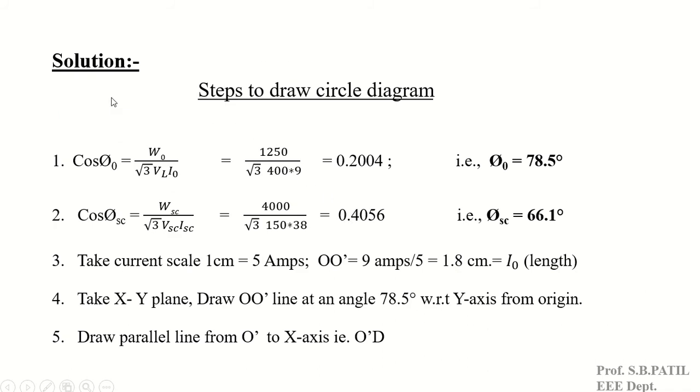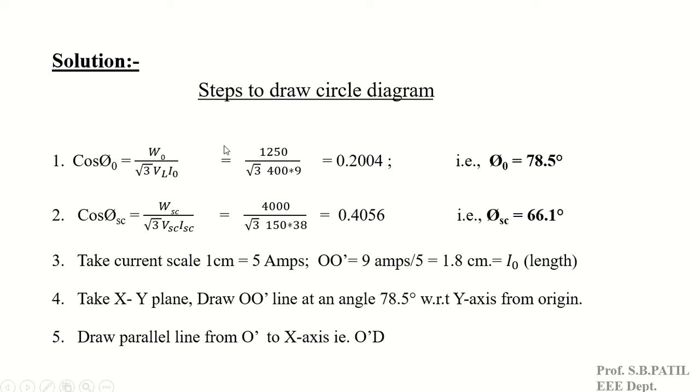This is the solution for the example. We will solve the circuit diagram stepwise. Find the power factor at no load, that is cos phi naught equal to W naught by root 3 V_L I naught. Here we may also call it V naught.